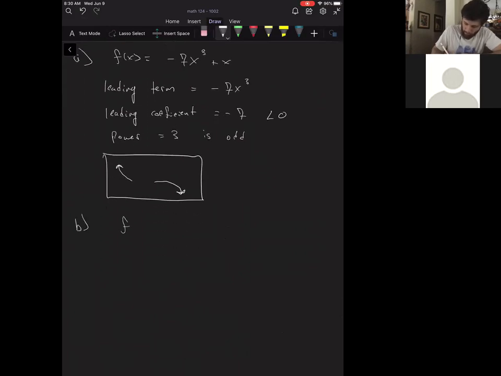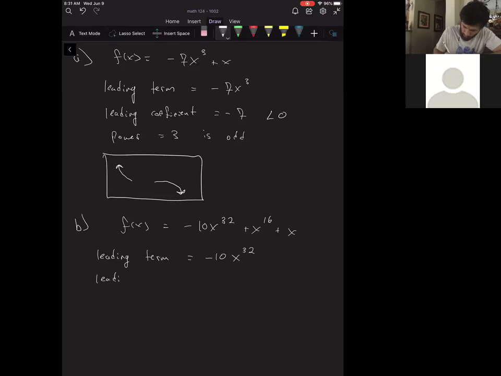Okay, so what about f of x is equal to minus 10x to the 32 plus x to the 16 plus x. So here, our leading term is minus 10x to the 32.